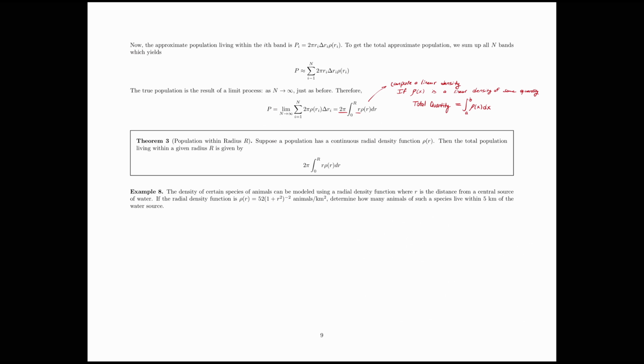If the radial density function is rho of r equals 52 times the quantity 1 plus r squared to the negative 2, animals per kilometer squared, so animals per unit area, determine how many animals of such a species will live within 5 kilometers of the water source. So the water source is located at r equals 0. That's the central feature.